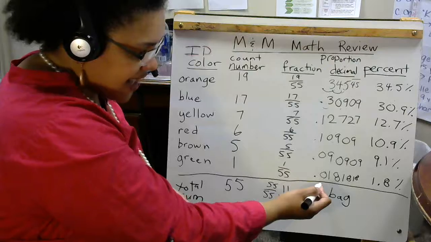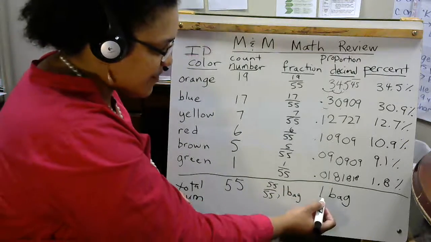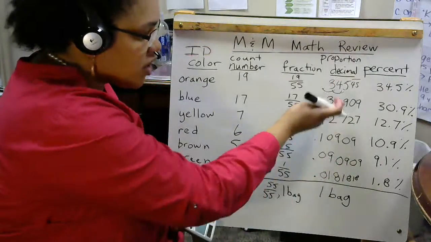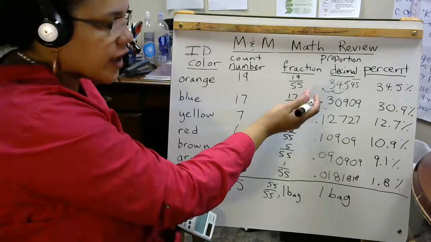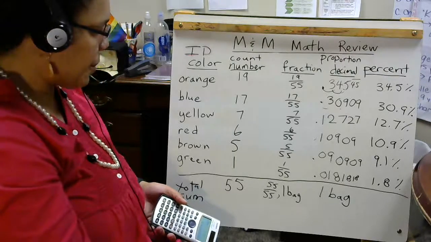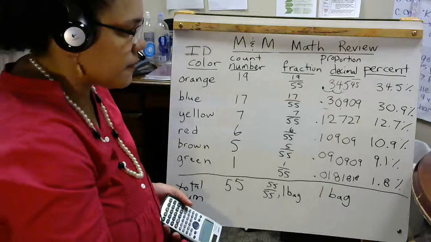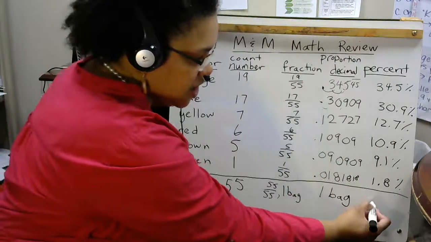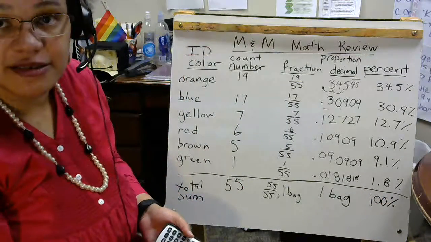If you added all these together, they would equal 1. Because again, we have 1 bag of M&Ms. And these are the proportions. The proportion of orange M&Ms, for example, is 0.345. The proportion of blue is 0.309, and so on. That's the proportion of blue M&Ms in the bag. And then for percentage, our total is going to total to 100%.